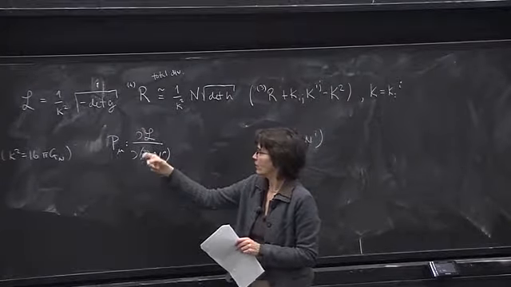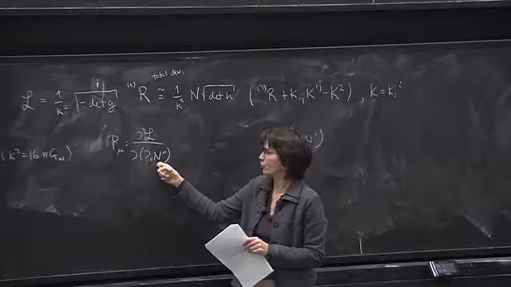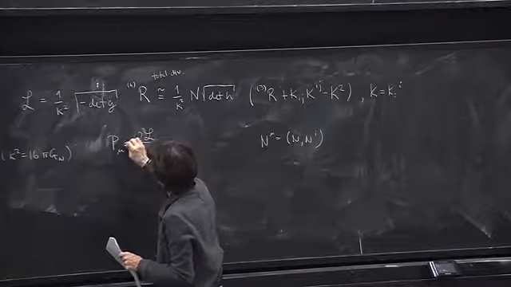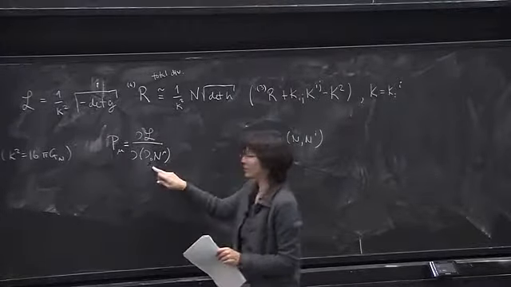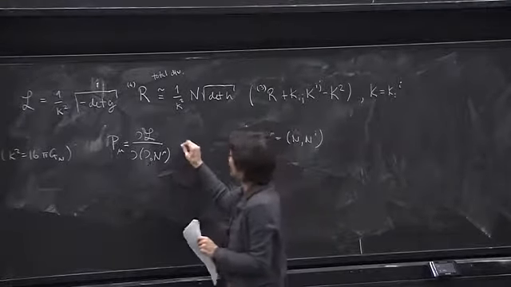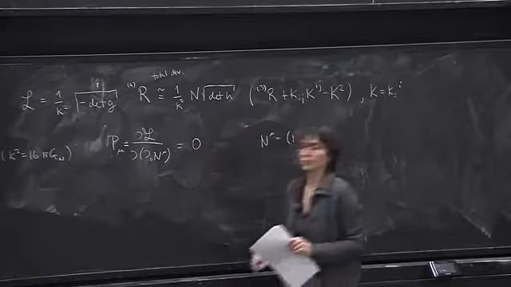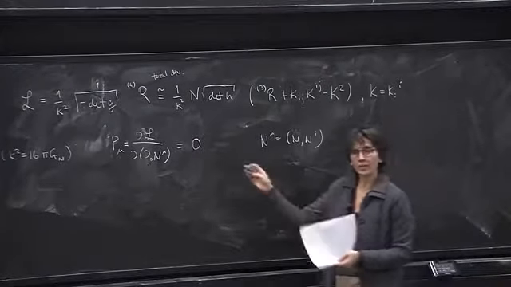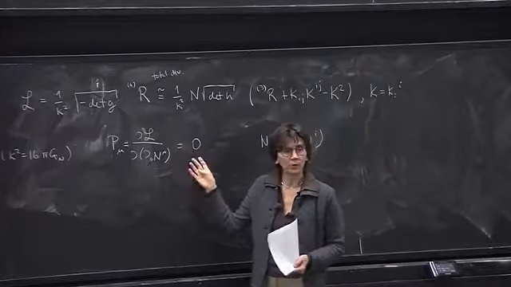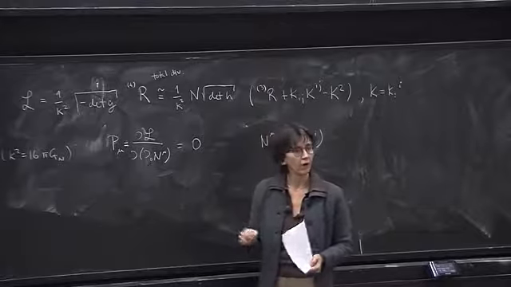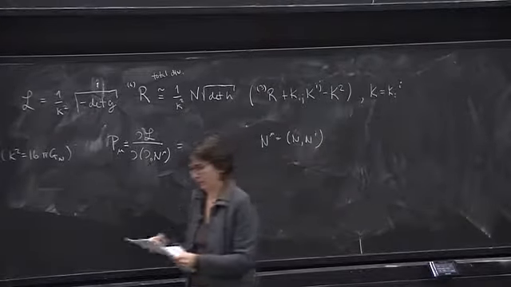So these are the canonical conjugate momenta, the P mu. You just see for yourself that it doesn't depend on these time derivatives. So these vanish. So already we've picked up 4 constraints on my phase space.